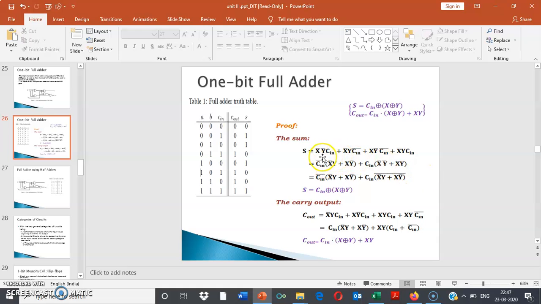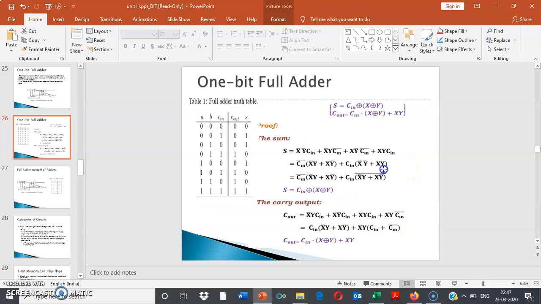Now once we have written the equation, we have taken C in bar common, and you have X bar Y plus X Y bar. From the first and last term, we have taken C in common, so you have X bar Y bar plus XY.